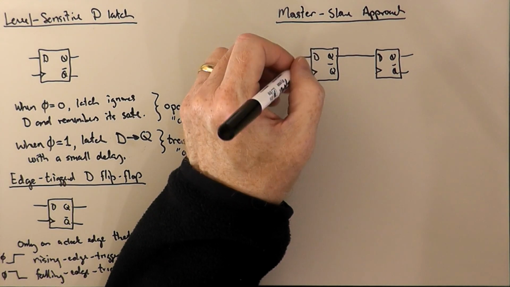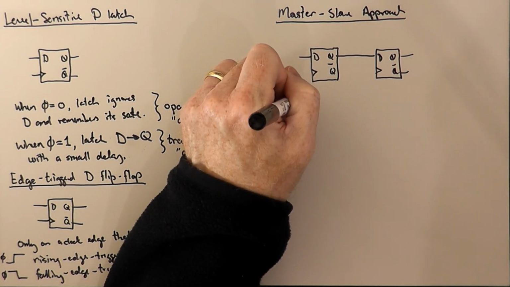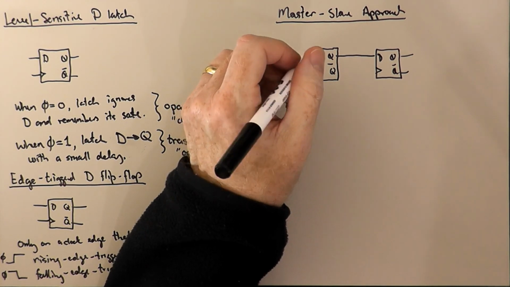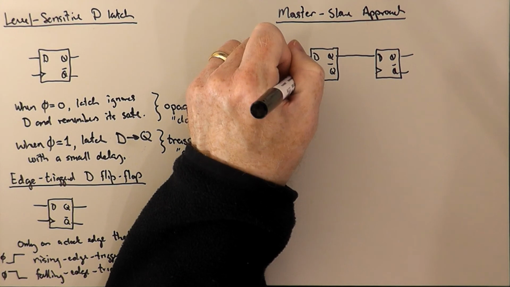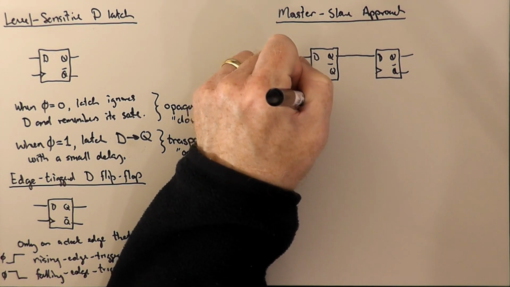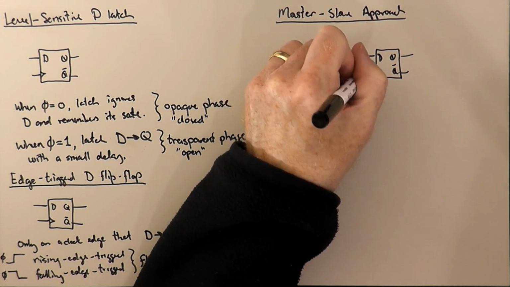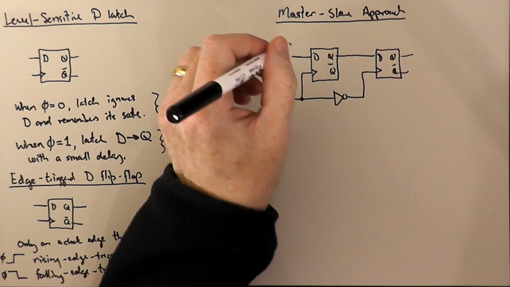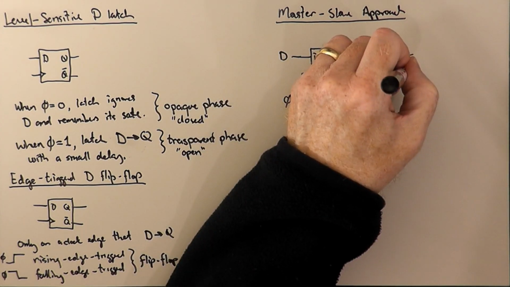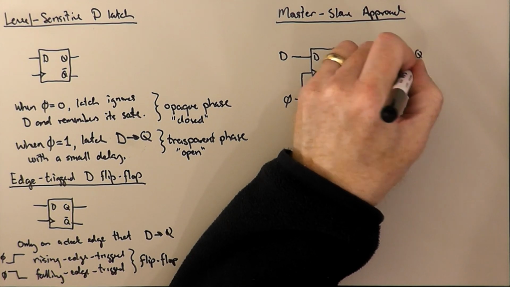We're going to feed the clock signal phi directly into the first latch, and then we're going to feed its complement into the second latch. So we'll have a D input to the whole thing, a Q output, and a Q bar output of the whole thing.